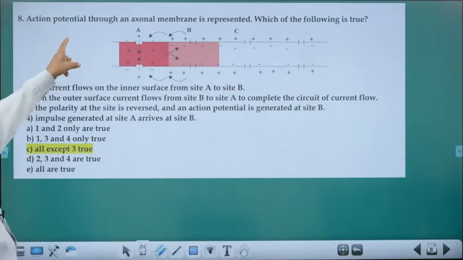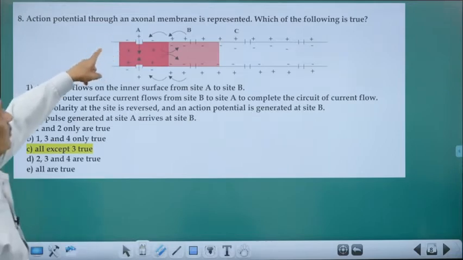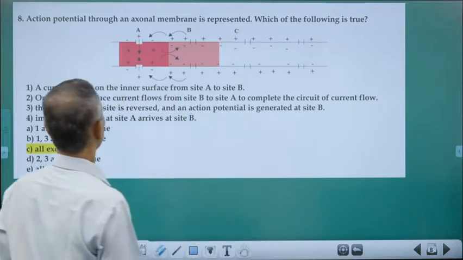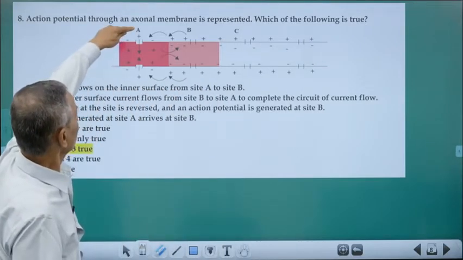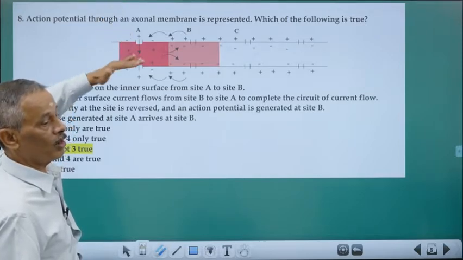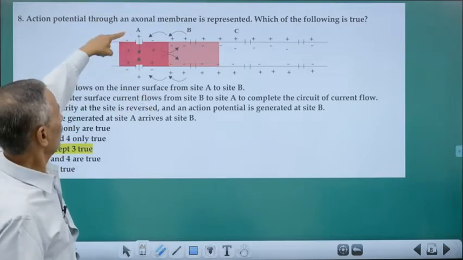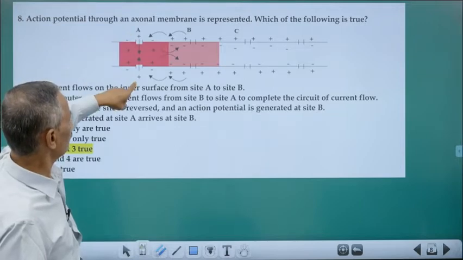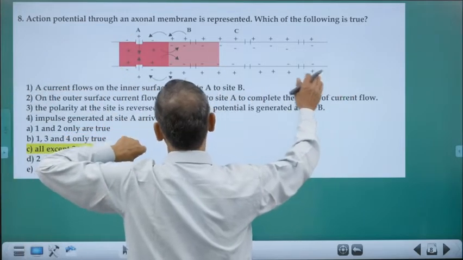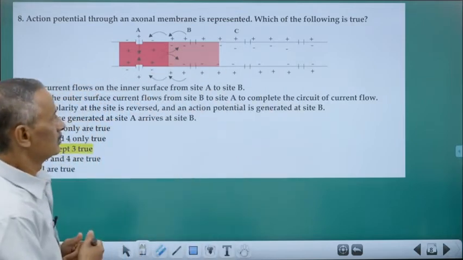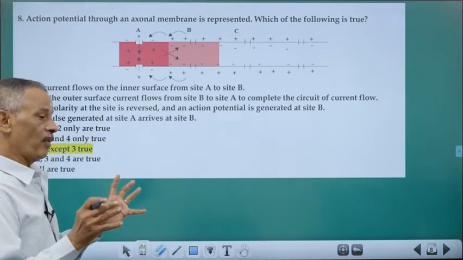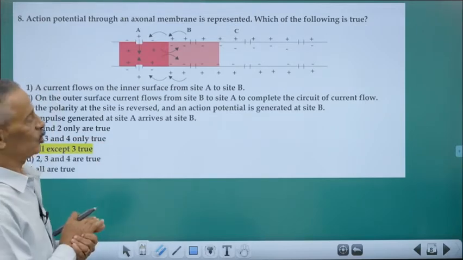Action potential through an axonal membrane is represented. Which of the following is true? See, potassium is normally moving out and sodium is not entering. Normally we have positive outside and negative inside, because there is a lot of sodium outside, plus potassium is also moving out.